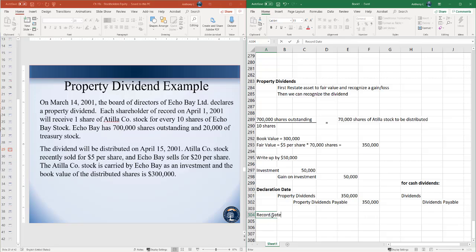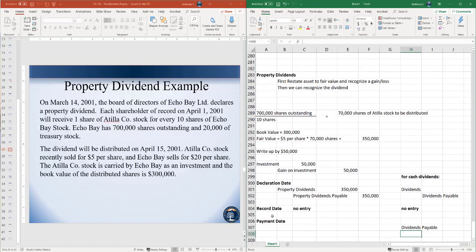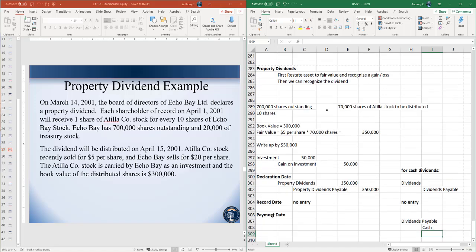Okay, so record date. Again, on this date, we just figure out who our stockholders are, so no entry for this. And then for the payment date, if you remember, for cash dividends, we just debited dividends payable and credited cash since we're paying cash. In this case, it's a pretty similar thing.